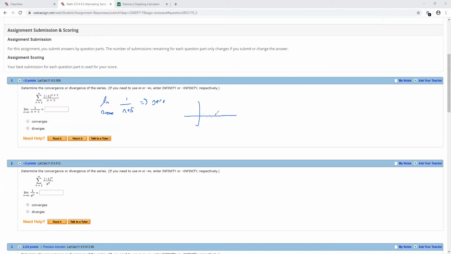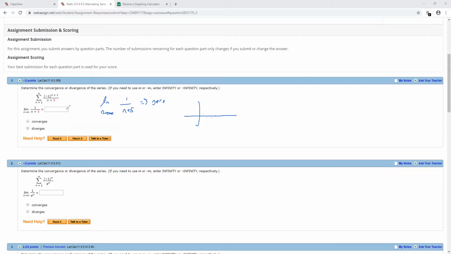Okay. So because the individual terms are getting closer and closer to zero, even though in an alternating fashion, it still means that we have to proceed. There is a chance for the sum of those terms to converge. They may not, but we have to explore. What can we use? Any of the series tests that we've studied, if they apply. 1 over n plus 5 is not geometric.